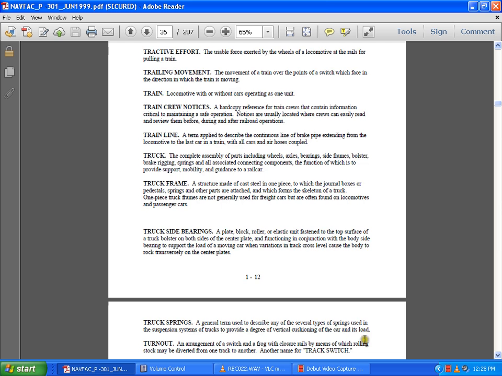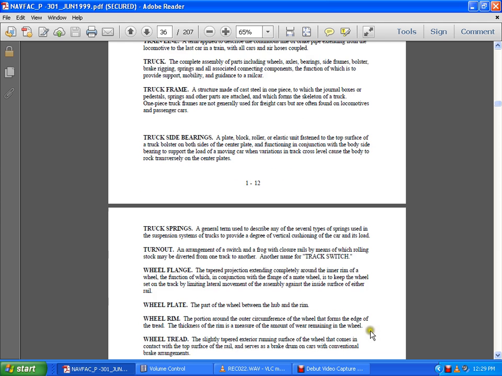A truck side bearing, a bearing that rolls on an elastic fastened to the top surface of the bolster and functions to support the loaded moving car when cross-trail level causes the body to rock transversely on the center plates. Truck springs are generally described as several springs used in the suspension systems of the trucks to provide a degree of vertical cushioning for the car's load.